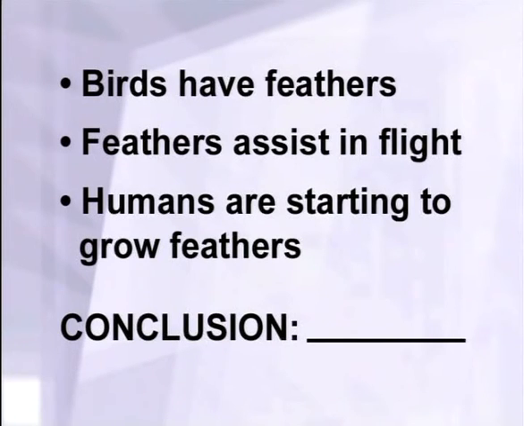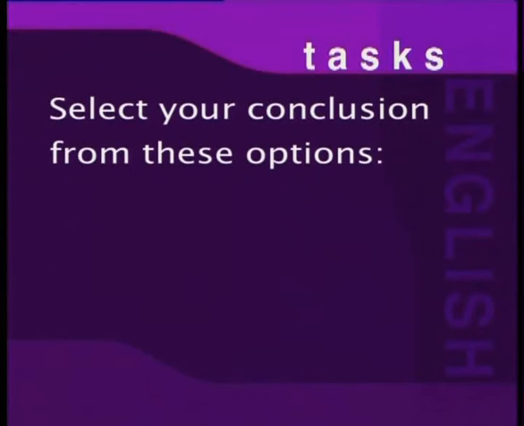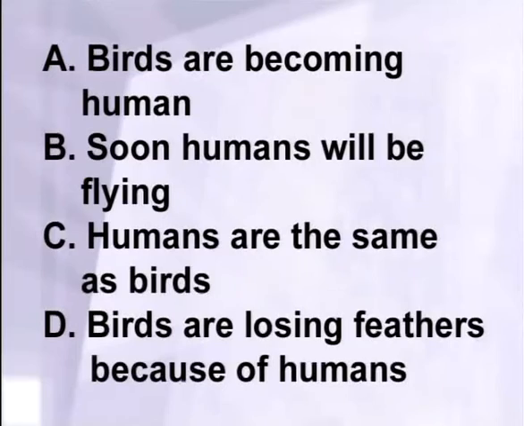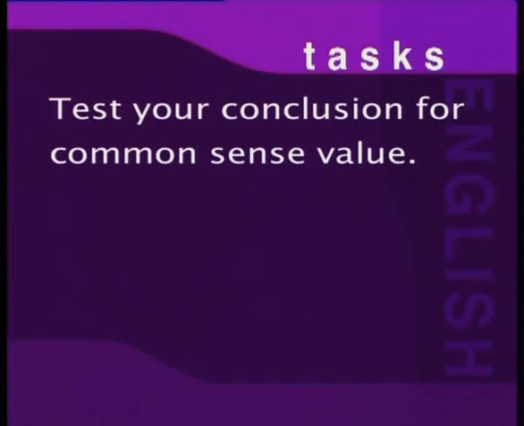Humans are starting to grow feathers. Then select your conclusion from these options. Remember that only one of these is the logical conclusion. Here are the options. A. Birds are becoming human. B. Soon humans will be flying. C. Humans are the same as birds. And D. Birds are losing feathers because of humans.